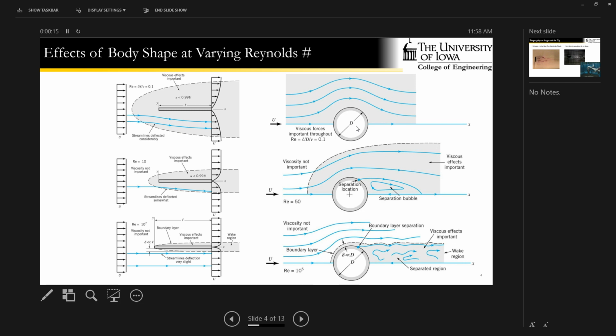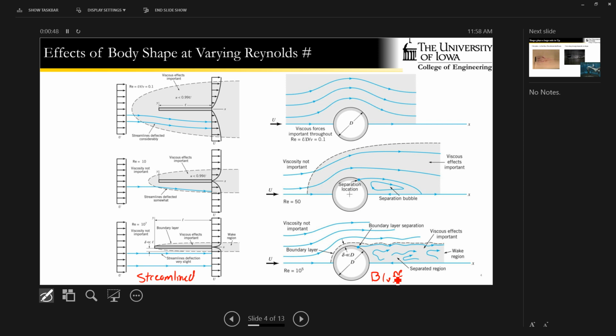The ones on the left, what we call streamlined shapes, and the ones on the right, what we call bluff bodies. Streamlined and bluff.